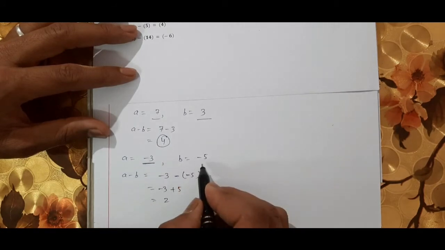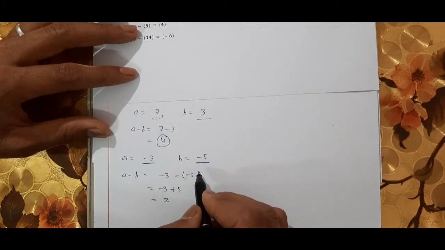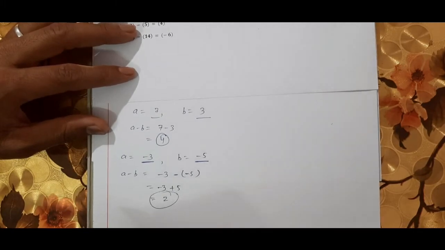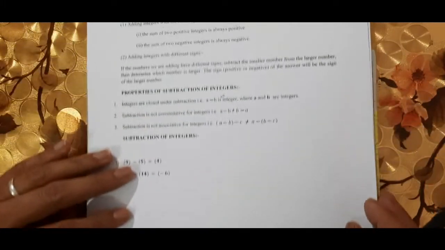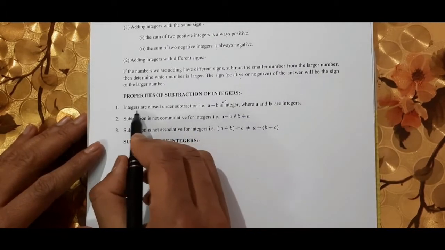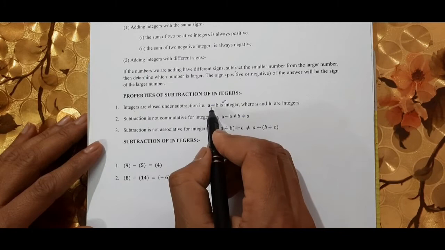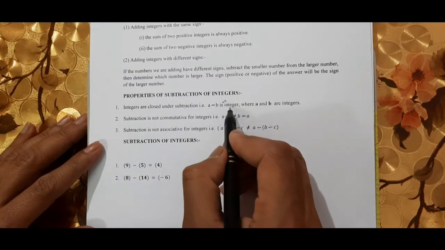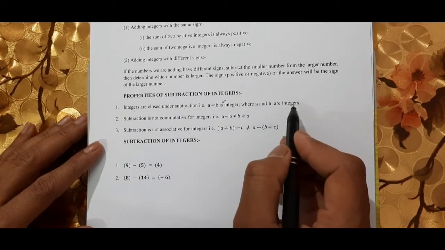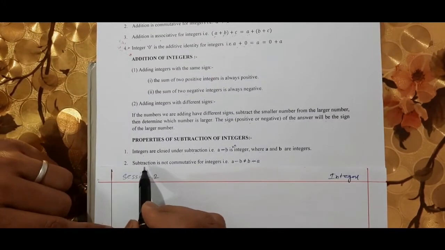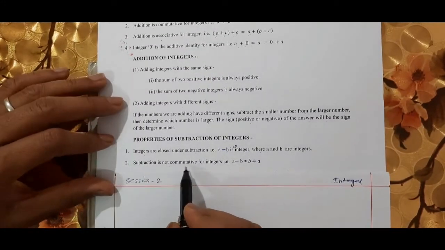Minus 3 is an integer, minus 5 is also an integer, and the result also is an integer. So we can say integers are closed under subtraction, that is a minus b is an integer where a and b are integers.